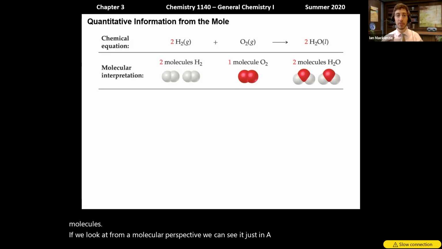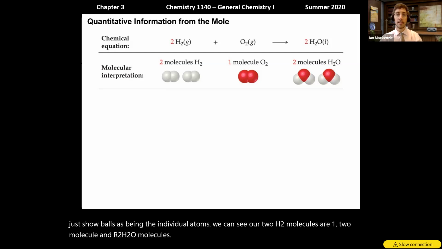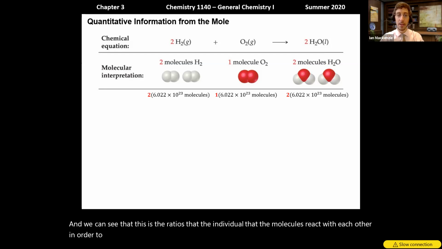If we show balls as the individual atoms, we can see our two H2 molecules, our one O2 molecule, and our two H2O molecules. And we can see that these are the ratios in which the molecules react with each other in order to generate the products.